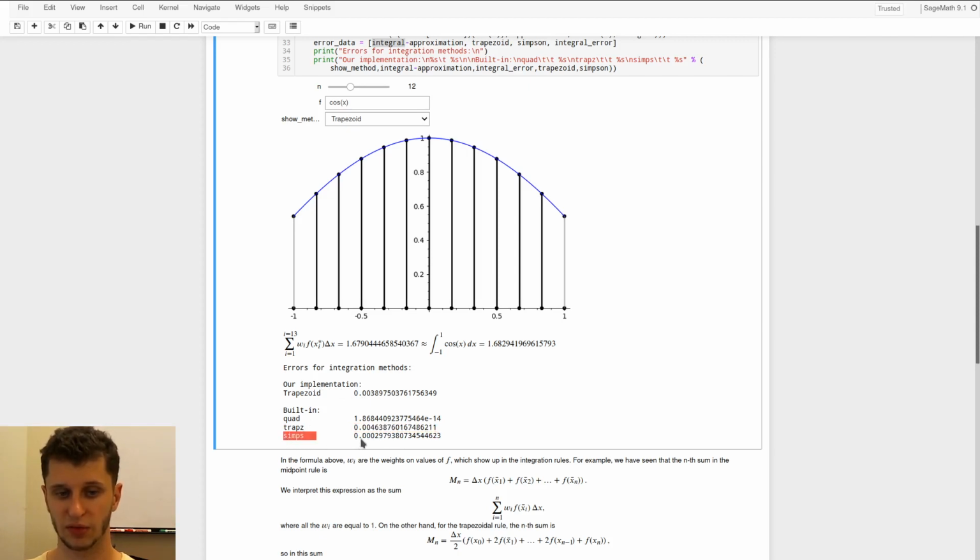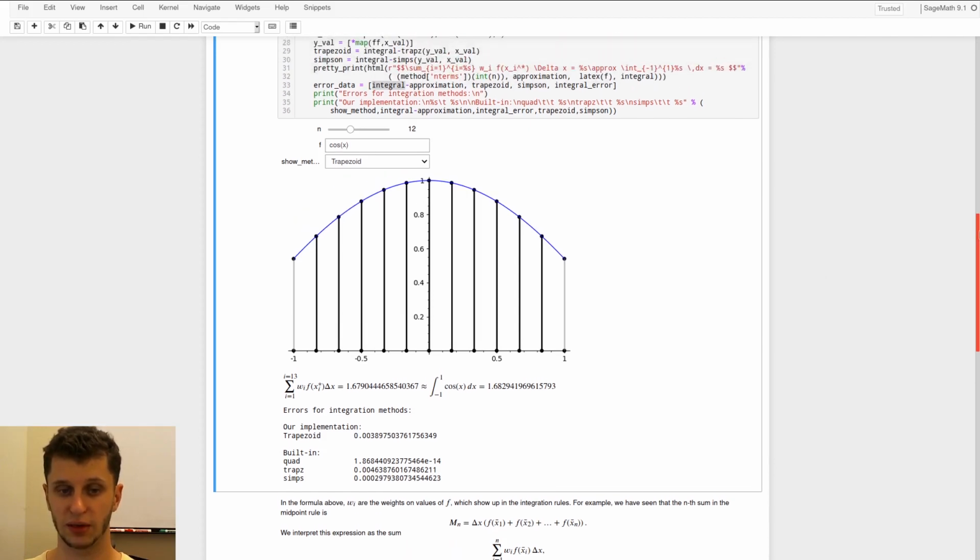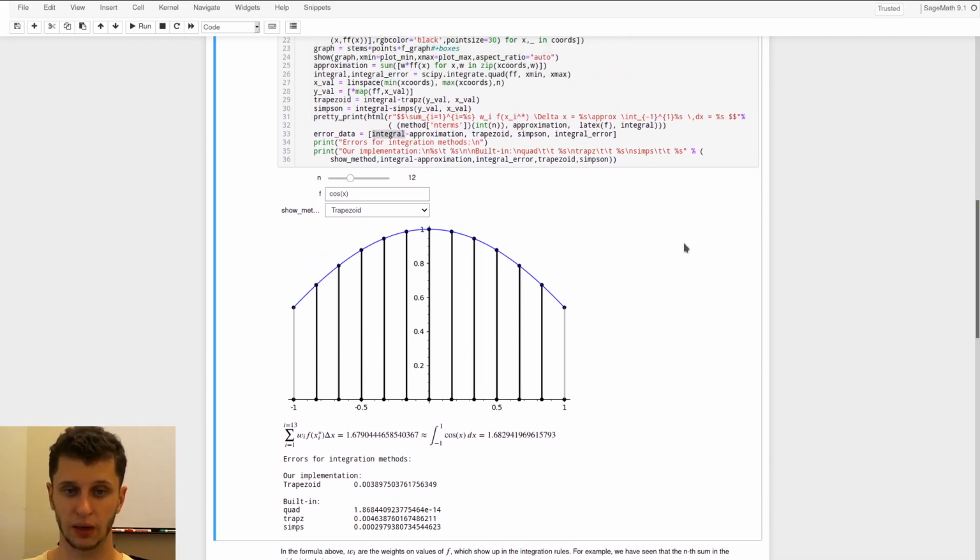and the built-in Simpson's rule in SciPy. As you can see, the error of our naive implementation for n equals 12 is actually smaller than the built-in trapezoidal rule. So it actually performs better than the built-in trapezoidal rule.